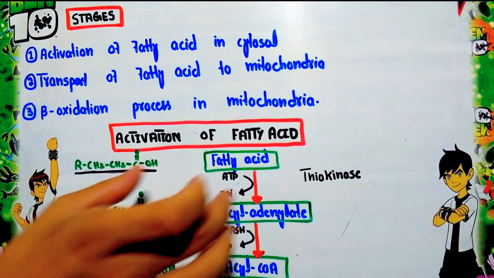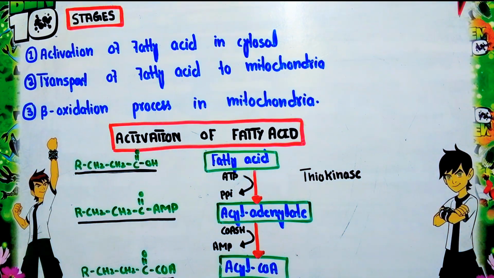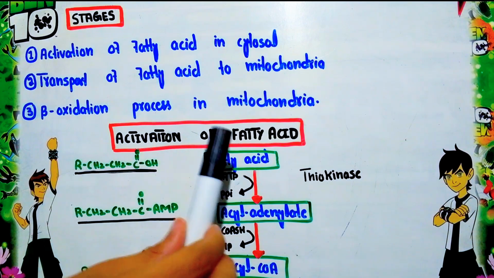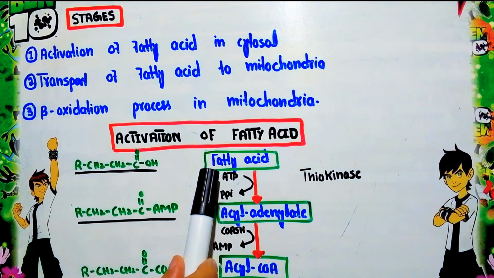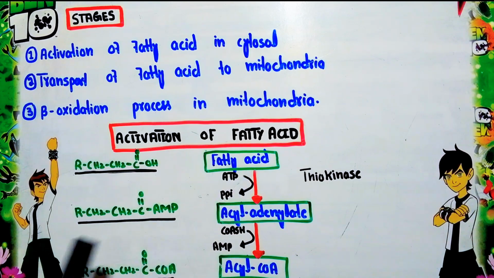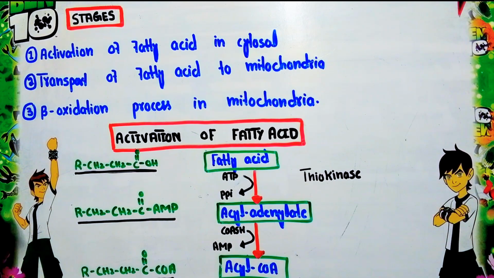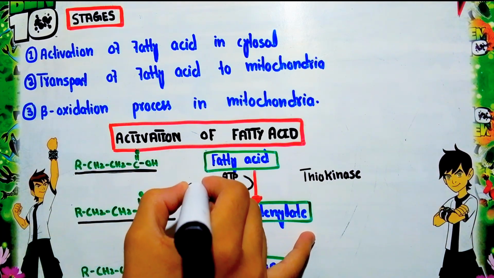Now this fatty acid is present in the cytosol. Adenosine monophosphate is added to this fatty acid. This adenosine monophosphate comes from ATP, so here the ATP is broken down in such a way that it forms pyrophosphate along with adenosine monophosphate, AMP.